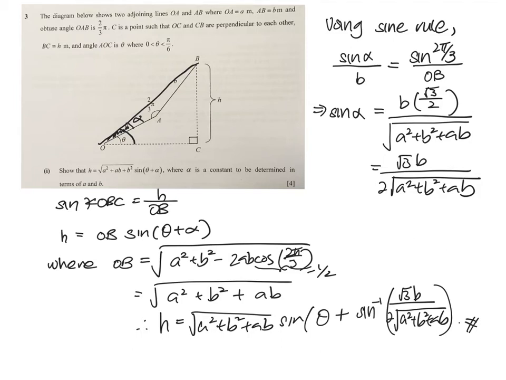Of course, the alpha that you found in this method is of a different expression from your previous method, in which we made use of the R formula. Now there are some of you who actually use cosine rule to find alpha, where your alpha is cosine inverse 2a plus b over 2 square root a square plus ab plus b square. That is acceptable as well, because the answer is correct.